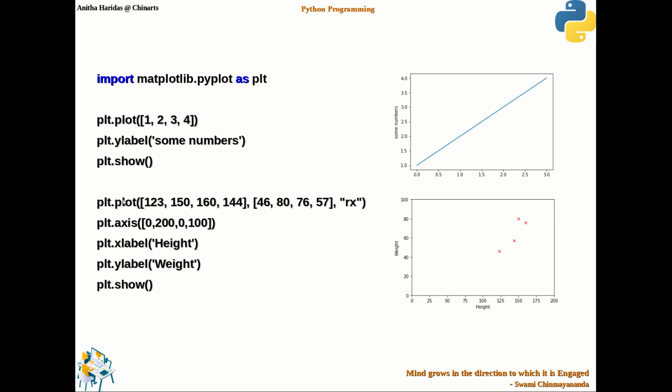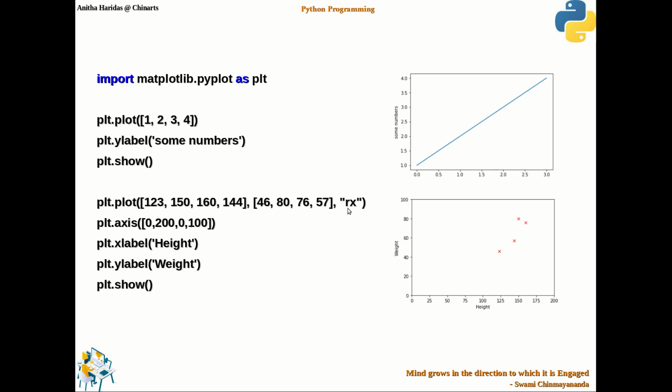I can use the plot function with x-axis values and y-axis values. Please observe, the first one will always be the x-axis value and the second one will always be the y-axis value. And what is this one? We had seen just now, I want the plotting to be done with a cross mark and the color must be red.